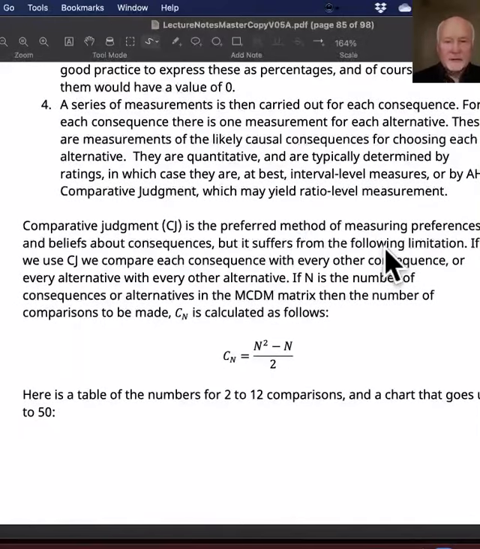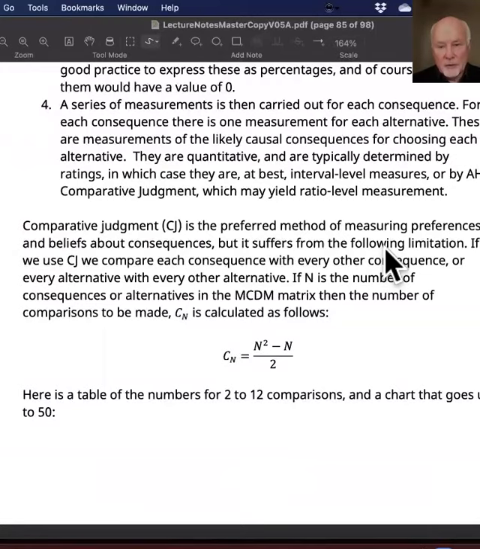Then we carry out this series of measurements for each consequence for each alternative. And so these are measurements of the likely causal consequences of choosing each alternative.